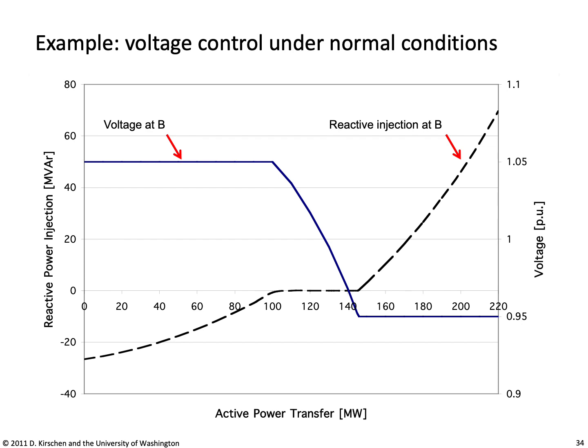Between about 100 megawatts and 140 megawatts of power transfer from A to B, the voltage at B is naturally between 1.05 per unit and 0.95 per unit. Once the power transfer exceeds 140 megawatts, then we have to inject positive reactive power at B to keep the voltage at B at 0.95 per unit.